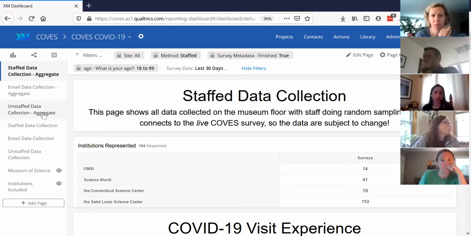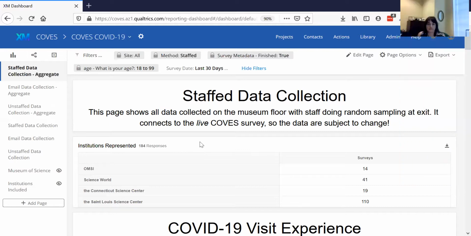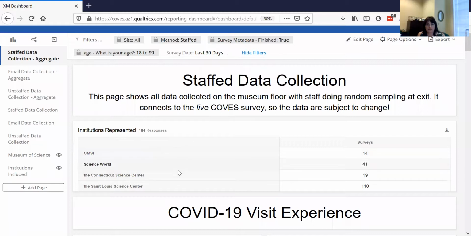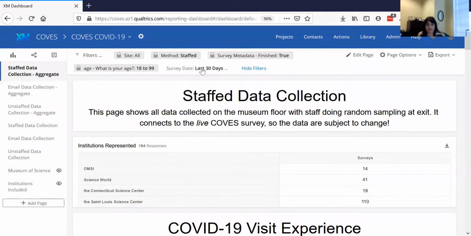I'm not even going to go to unstaffed right now because I don't think there's anything in it, as there haven't really been any data coming in. So we have staffed and we have email right now, but we don't want to put them together because the methods are different. You can see there's 4 institutions who are doing in-person staff data collection and have surveys that have come in the last 30 days.